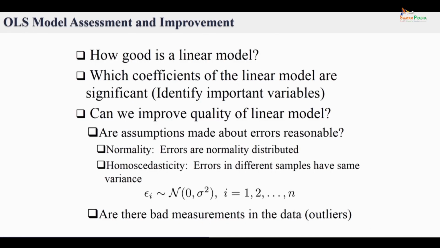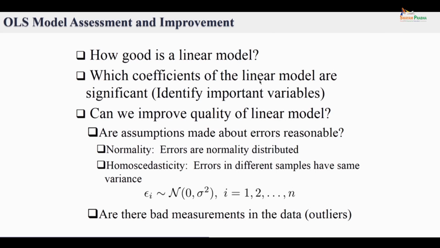Then even if you fit a model, you may want to find out which coefficients of the linear model are relevant. For example, in the one variable case that we saw, one independent variable, the only two parameters that we are fitting are the intercept term beta naught and the slope term beta 1. So, we want to know whether we should have fitted the intercept or not, whether we should have taken it as 0.